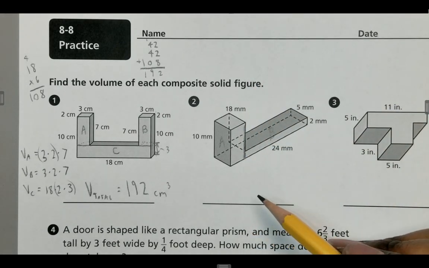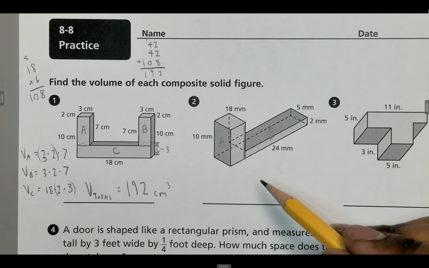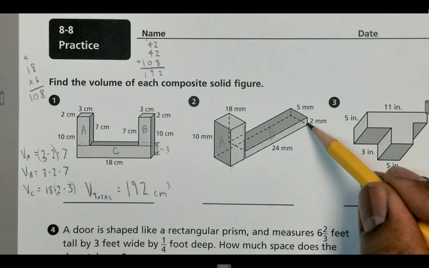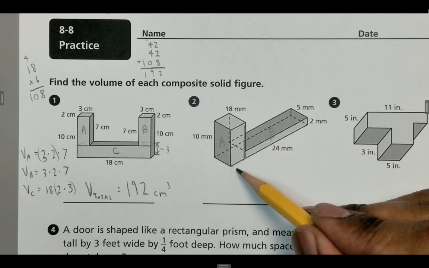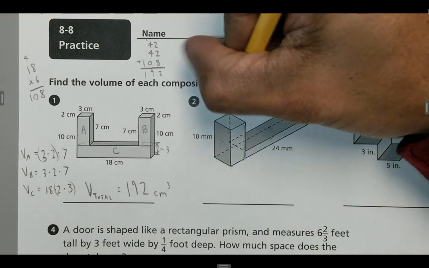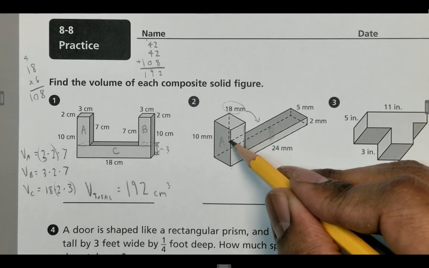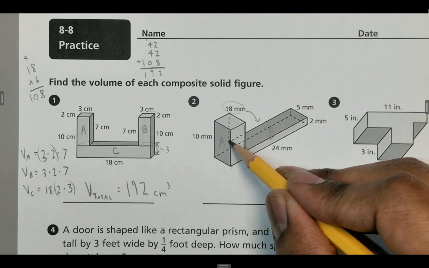For A, I want to figure out my length first. I know from point to point this is 24, and from this point to this hidden point, it measures at 18.